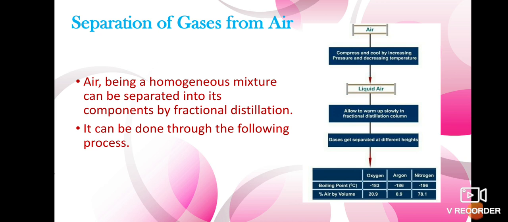After that, gases get separated at different heights. Their temperatures are also mentioned here. This flow chart is given in your textbooks also. You can observe it. Like this flow chart you can draw, or you can draw like this also.